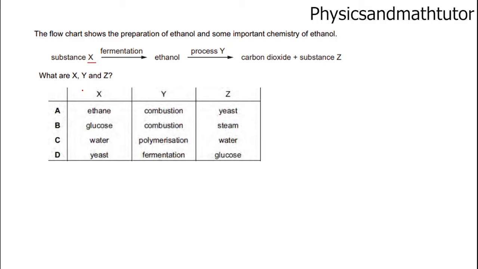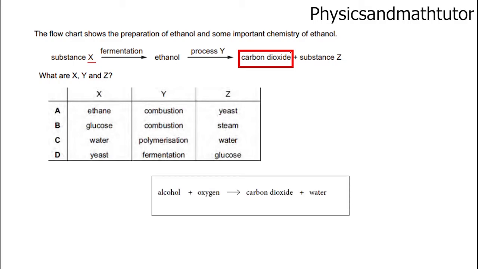Look at this option and look at this. First thing, we have carbon dioxide here. Remember what reaction is forming carbon dioxide? Yes, it is combustion. Remember this, alcohol plus oxygen forming carbon dioxide plus water.